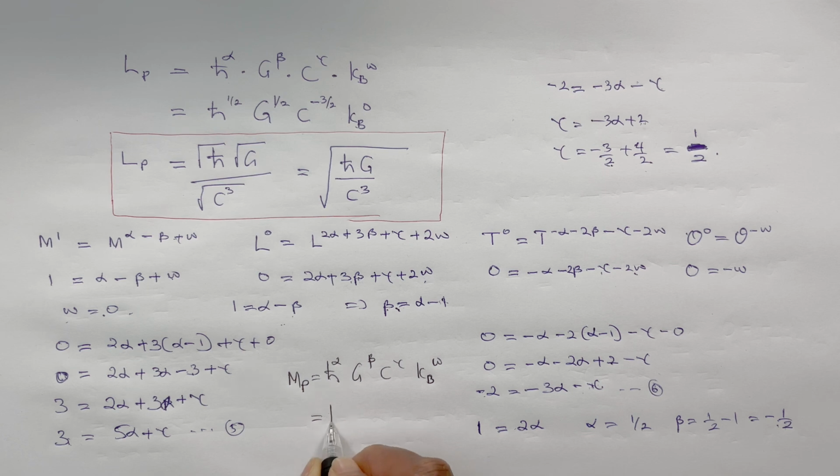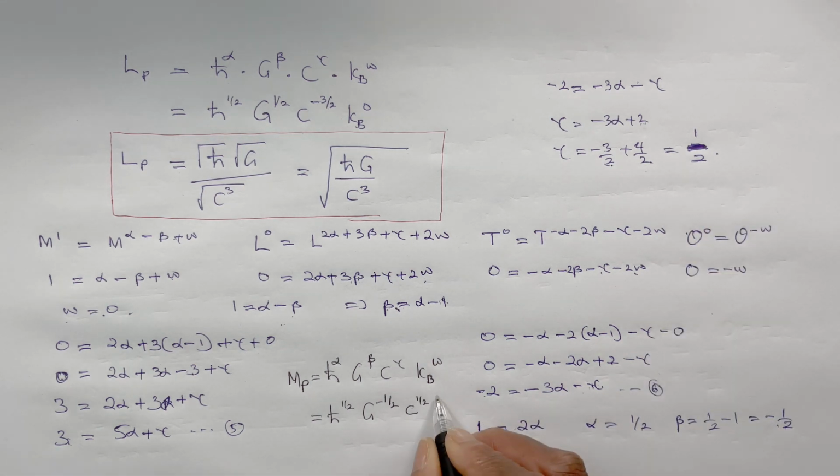That will be h bar to the half, G to the minus a half, and c to the half, and kB is 0, which means I can write the formula for Planck mass as root h bar, root c, over root G, and kB is 0.